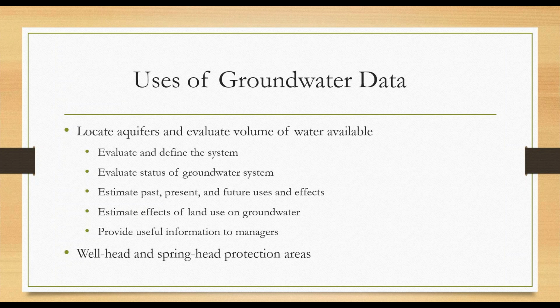They are also used to estimate the effects of land use on groundwater or provide useful information to managers or lawmakers. Another use of groundwater data is to look at wellhead and streamhead protection areas.